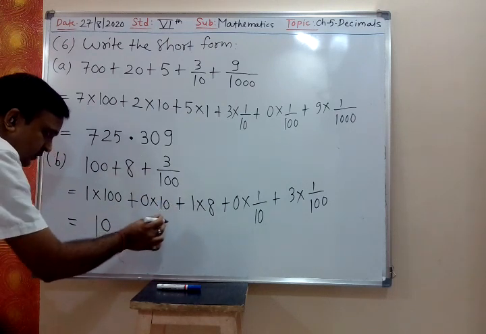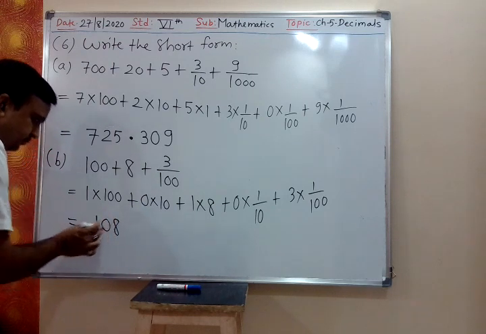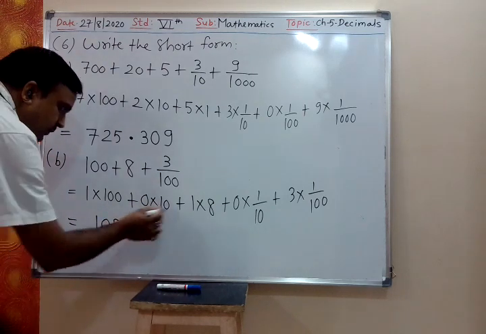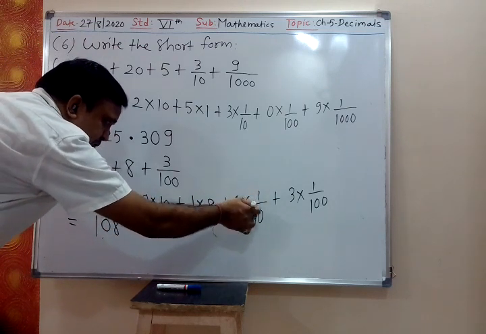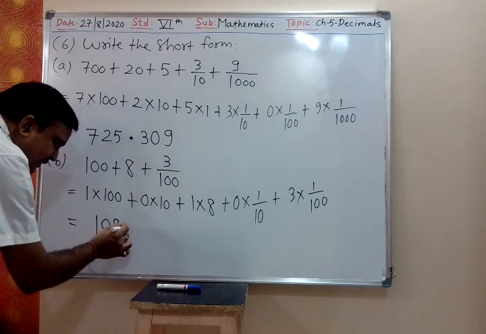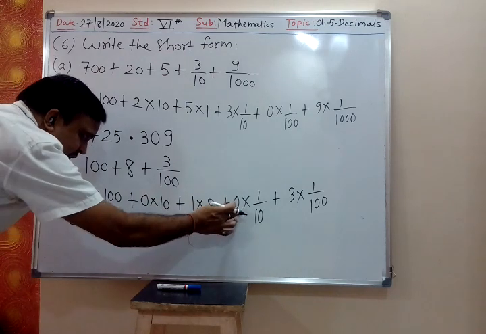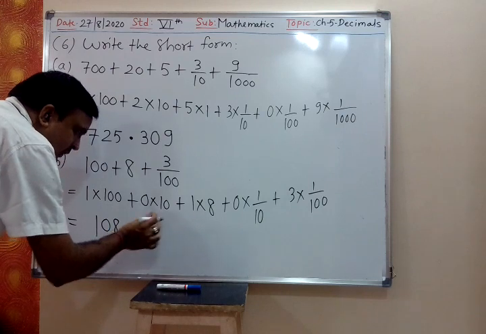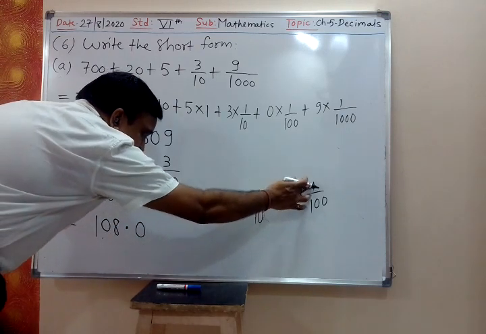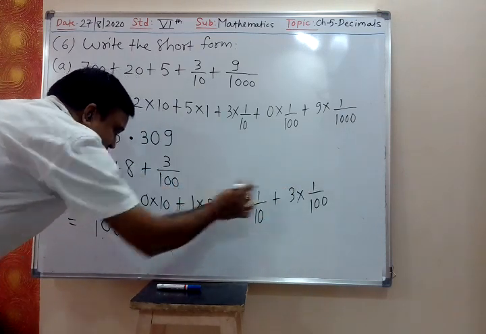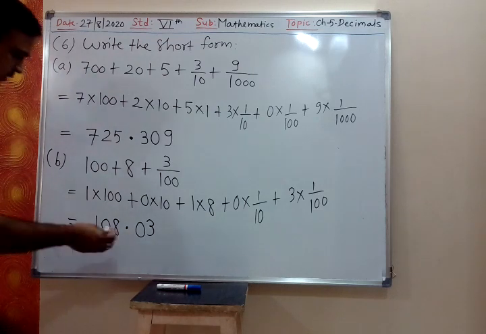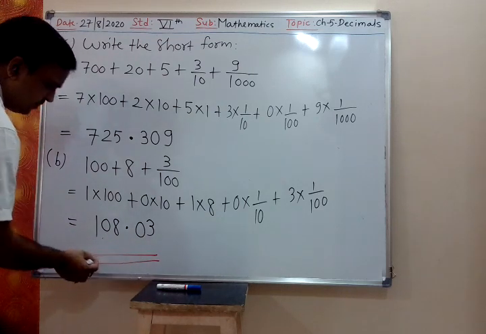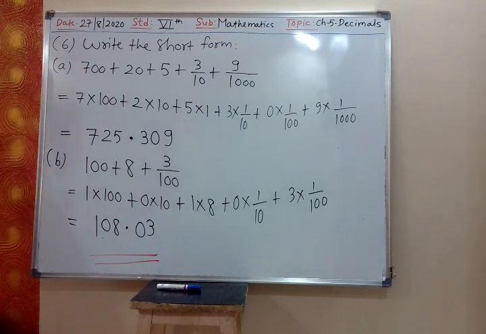Then 1 into 8, 8. Then it is multiplied by 1 upon 10, that means the tenths position. So we write the decimal point, then the first digit will be 0. Then 3 is multiplied by 1 upon 100, and the hundredths digit is 3. So it is 108.03. Yes, so the answer is 108.03.